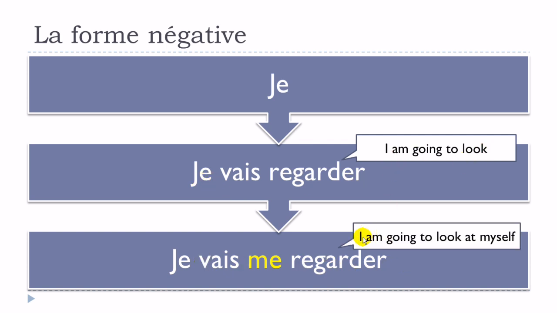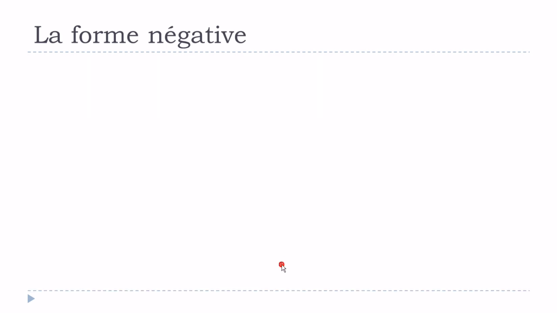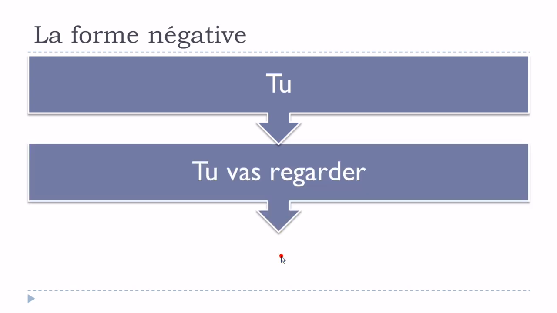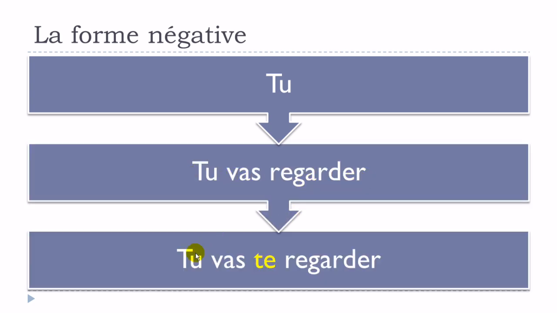Je vais me regarder, I am going to look at myself. Okay? So that's the reason why here you will have to put this me and not se. Okay, so you should keep that in mind, because it will change, of course, for tu as well. So tu vas regarder, I mean, it's quite simple here. Tu vas, and then te regarder. Okay, so te for the second person.